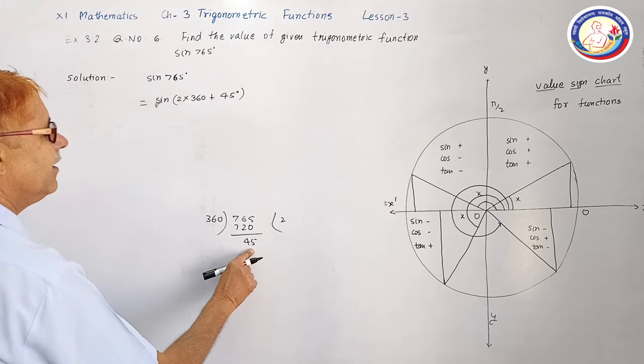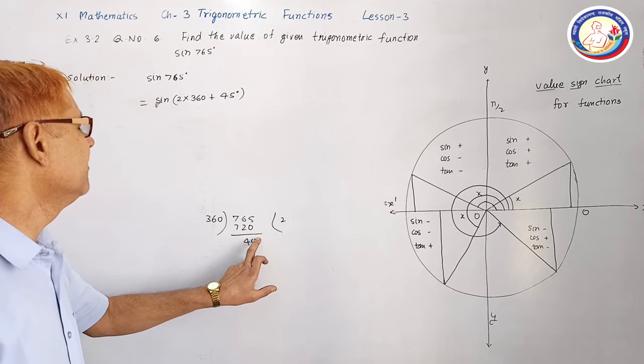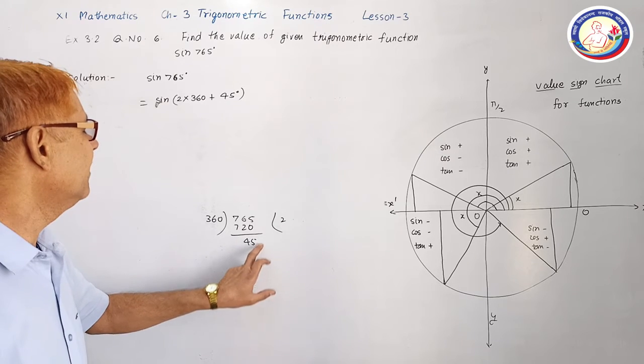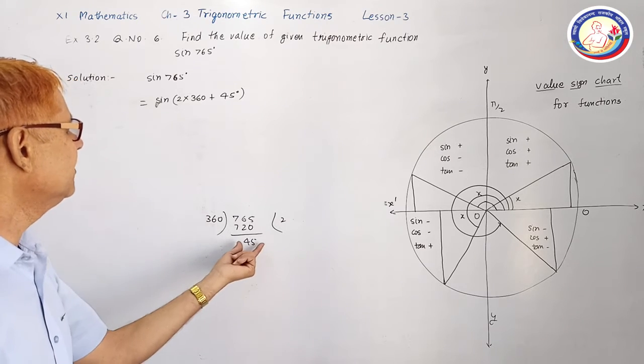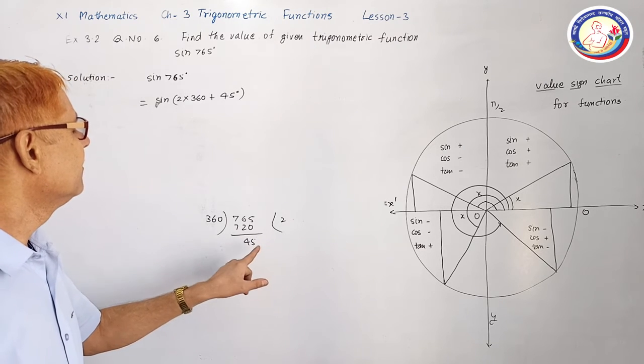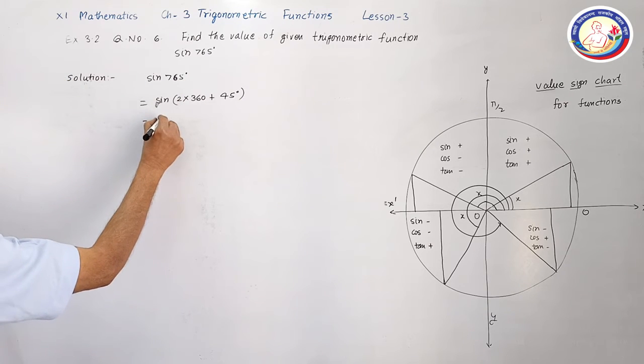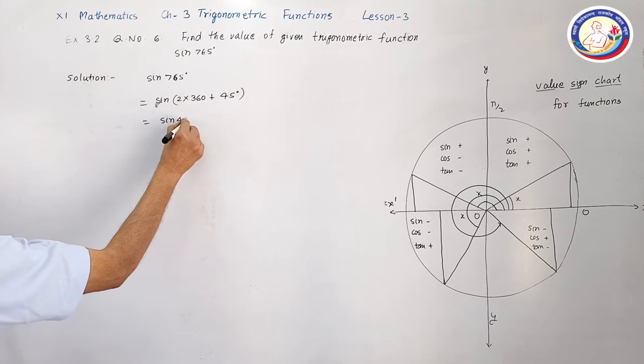Now it is not divisible, so the resultant angle will be 45 degrees, an acute angle less than 90 degrees. So this is the net angle in acute value, so this will be sine of 45 degrees.